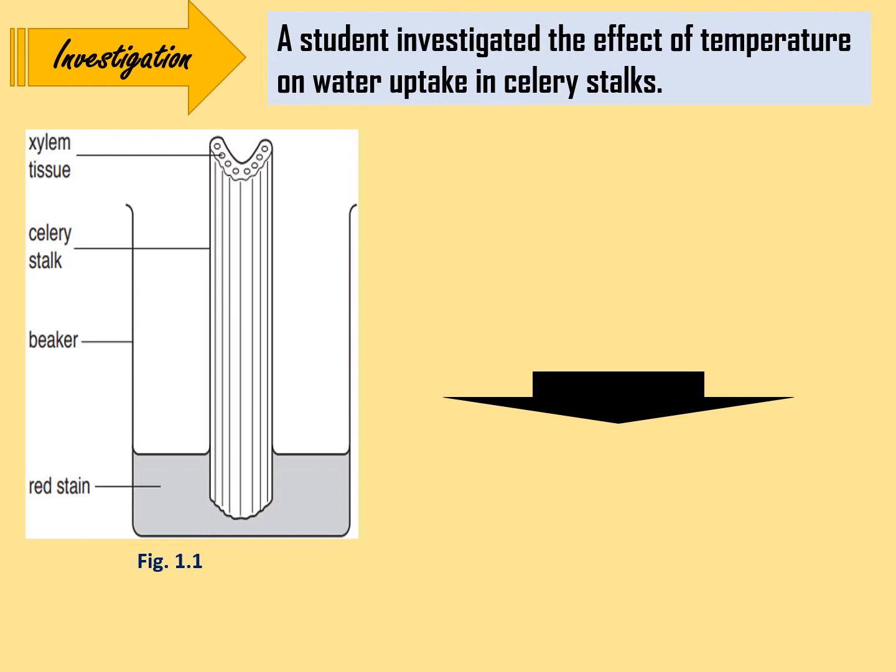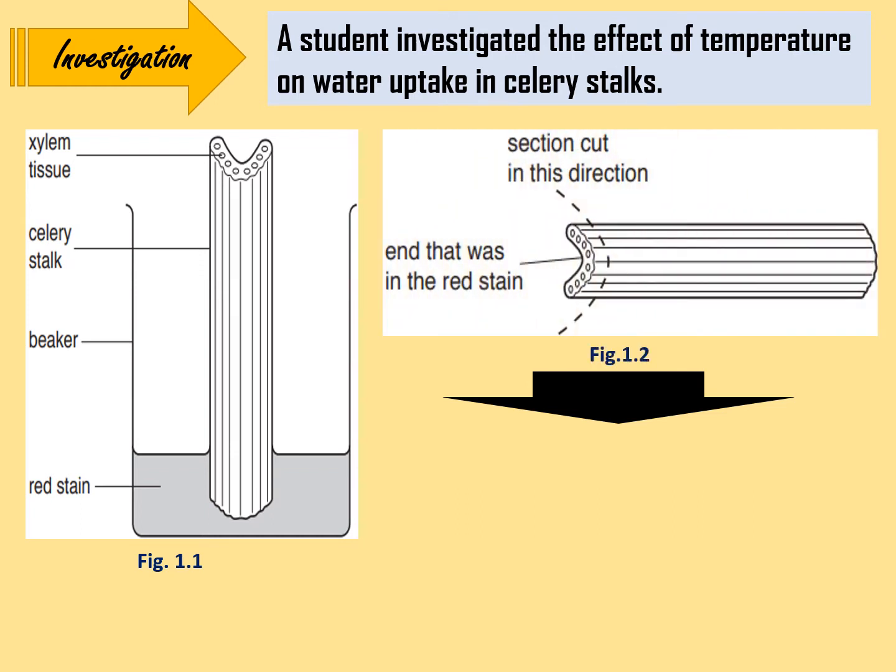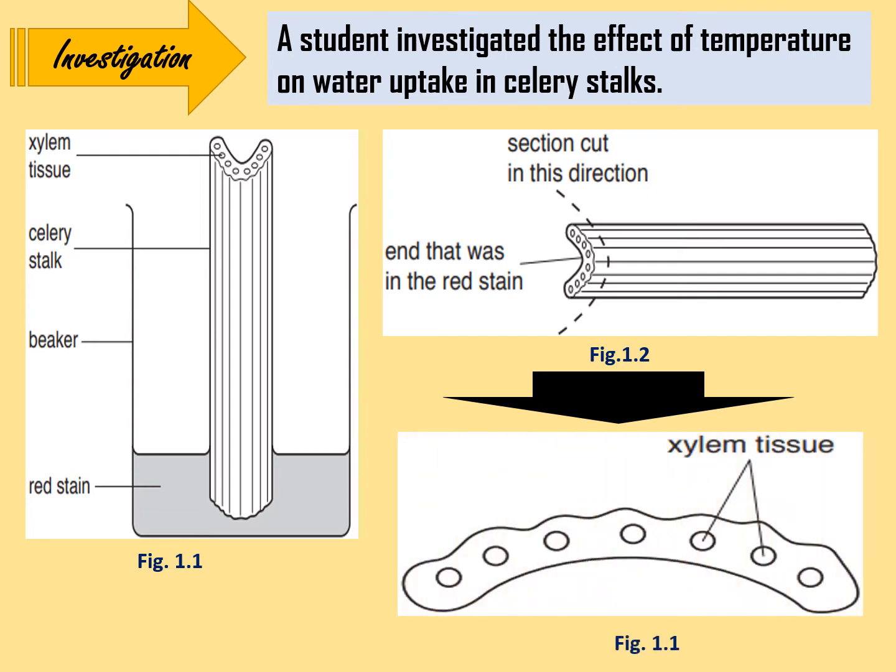After 10 minutes, we will remove the celery stalk, cut it into 5 millimeter sections and observe the presence of red stain in the xylem tissues. We will repeat cutting until the red stain is no longer present, and then compare the result of the cold water with the warm water celery stalk.